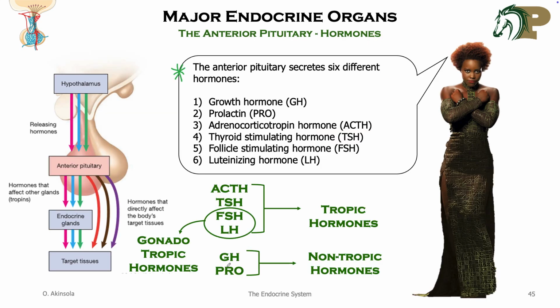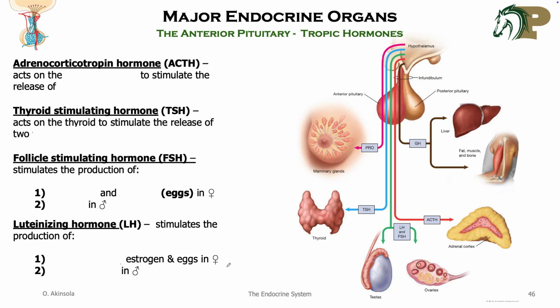So what we're going to do now is go through each one of these hormones and talk a little bit about what they all do. So let's start with the 4 tropic hormones. Let's start with adrenocorticotropin hormone, otherwise known as ACTH.